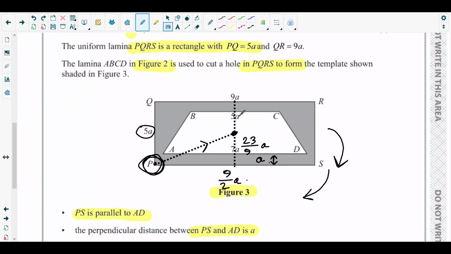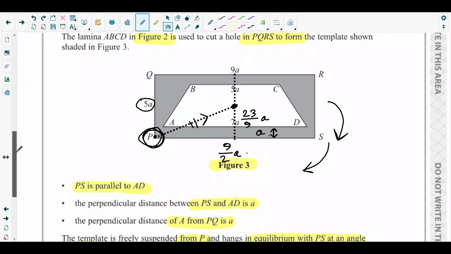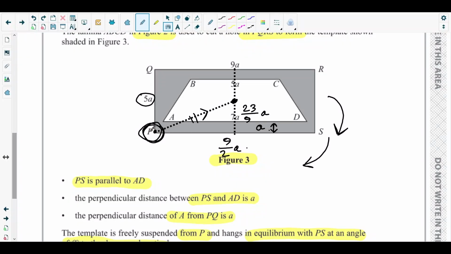It will keep rotating until this dotted line I have drawn is vertical. Let's say this is point O, the line OP.